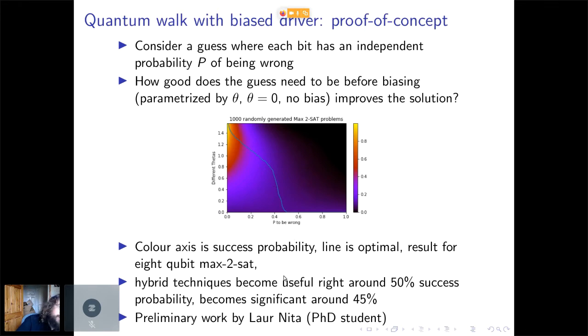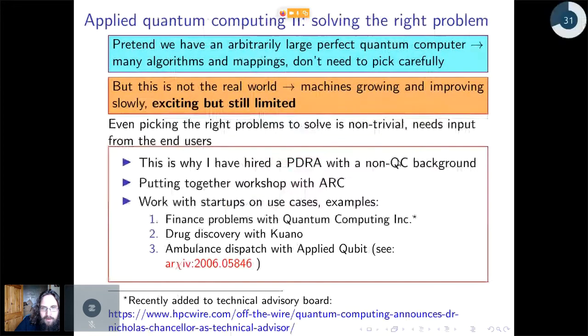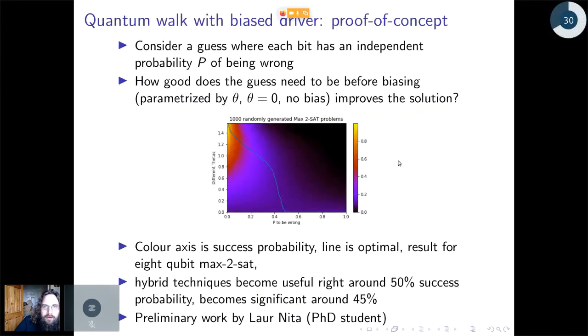So this is for an 8-qubit max 2 set problem. I should add, max 2 satisfiability. That probably doesn't matter that much. And this is preliminary work by Lauren Shunita, my PhD student. So yeah, we're still looking at these bias drivers. But the point is, there are these 3 techniques that are known for doing these hybrid algorithms.